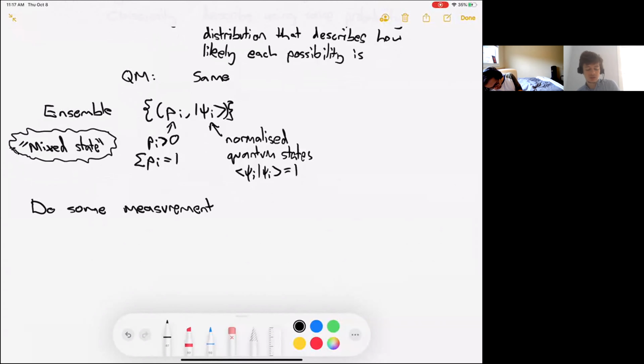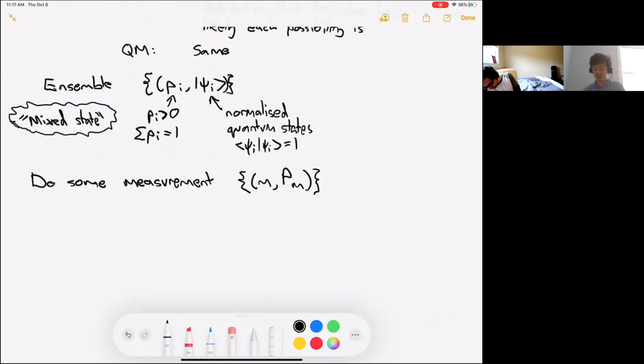Recall that a measurement is just described by a set of possible measurement outcomes m, each of which has an associated projector. So for example, for a measurement of a qubit in the computational basis, we have one possible outcome, which is 0, with a projector onto the 0 state. And similarly, there's outcome 1 with a projector onto the 1 state.